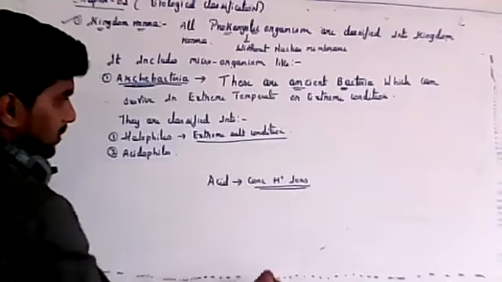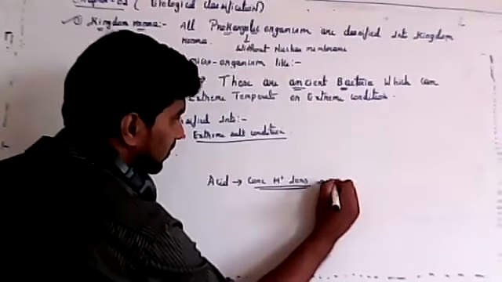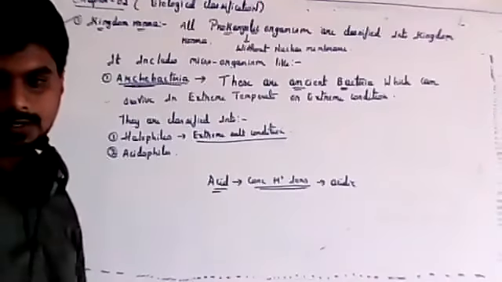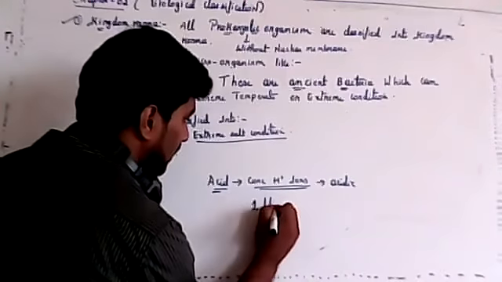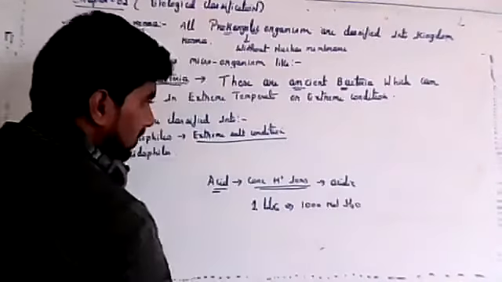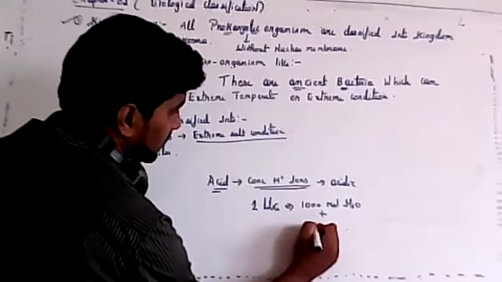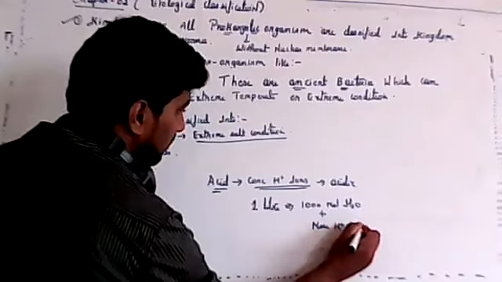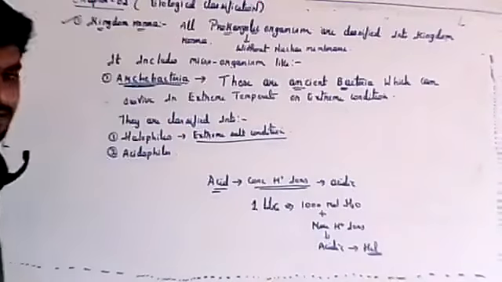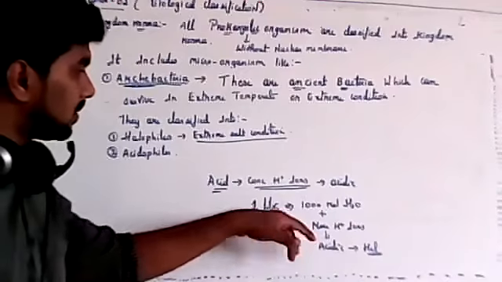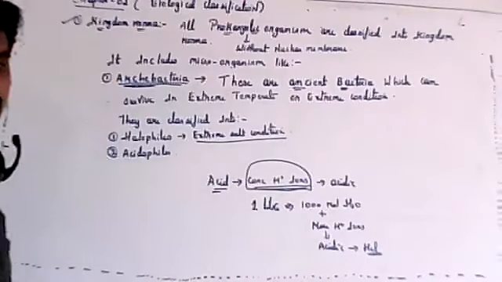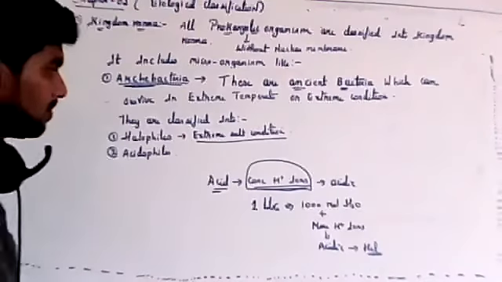The more H plus ions, the more acidic the solution becomes. For example, if you add HCl, which contains hydrogen ions, the more HCl you add, the more acidic the solution gets.